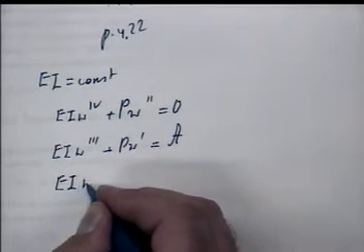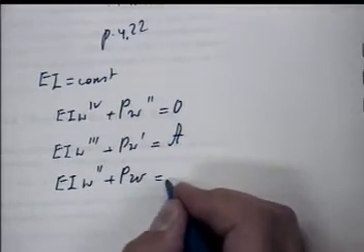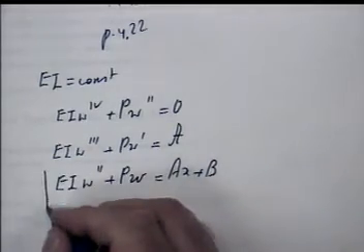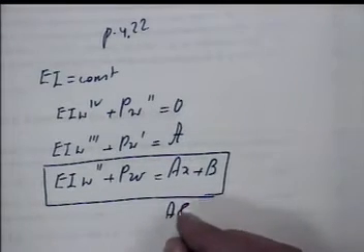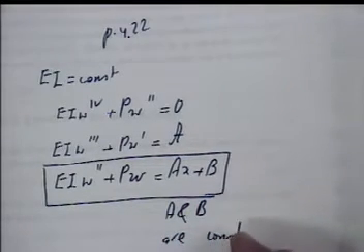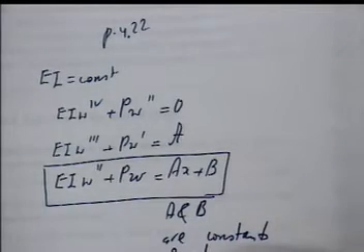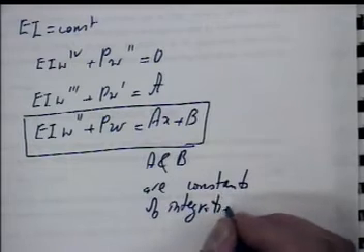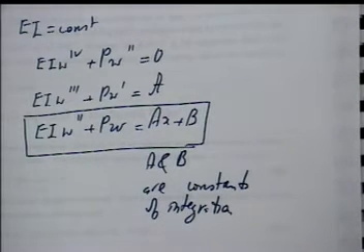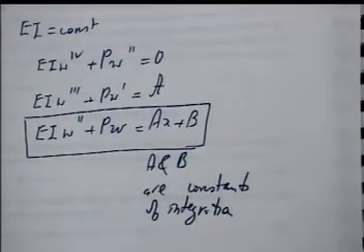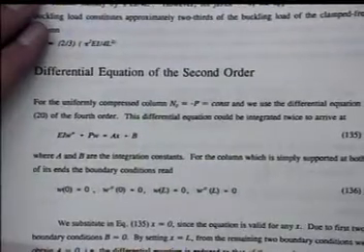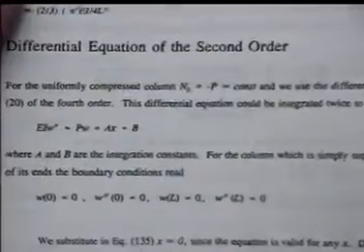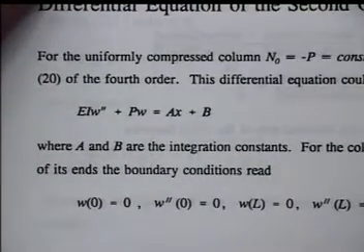Then we integrate again: EI W second derivative plus P W equals Ax plus B. So we can get a second order differential equation, but A and B are constants of integration. That is written in equation 135.